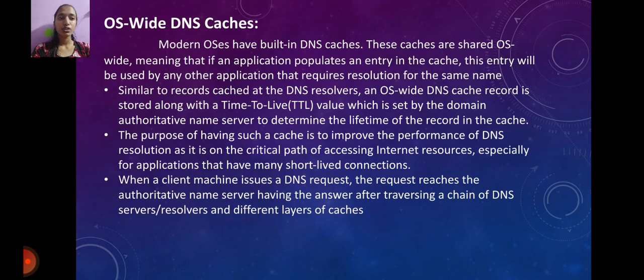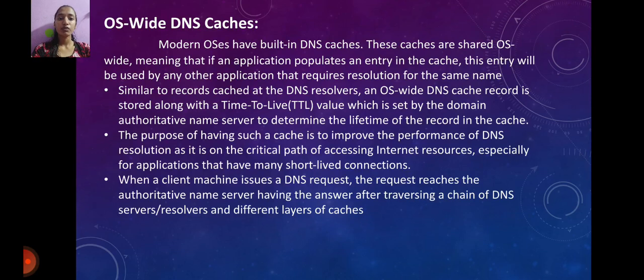An OS-wide DNS cache record is stored along with a time-to-live value which is set by the domain's authoritative name server. This determines the lifetime of the record in the cache.